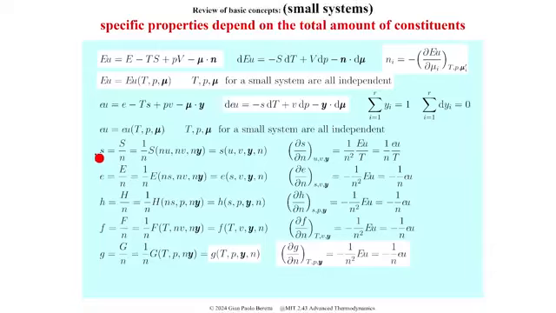Well, here, what we have done in the previous slide, in order to compute the derivative of specific energy with respect to the amounts at fixed specific entropy, volume, and mole fractions, to find that it is minus 1 over N times the Euler free energy. We have done it also for these other properties.